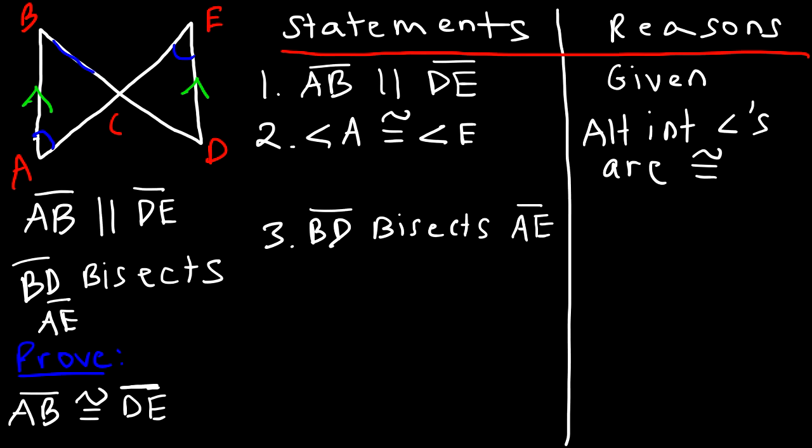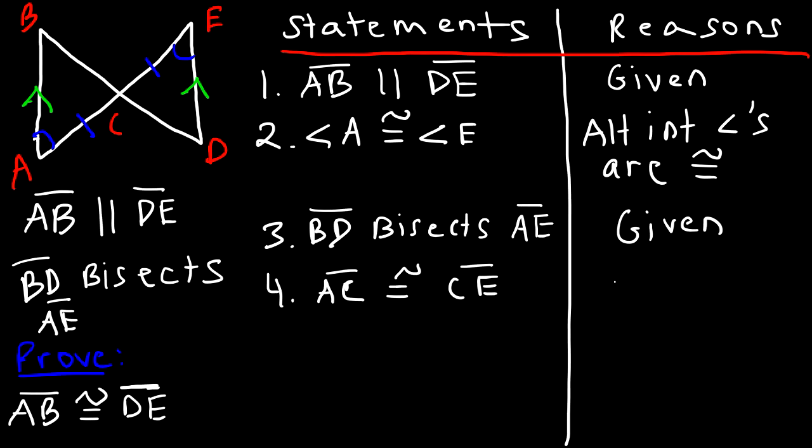So this is BD, and it splits AE into two equal parts, which means that AC is equal to CE. And for statement 3, that's simply a given. But for statement 4, we could say that AC is congruent to CE. And the reason, definition of a segment bisector.